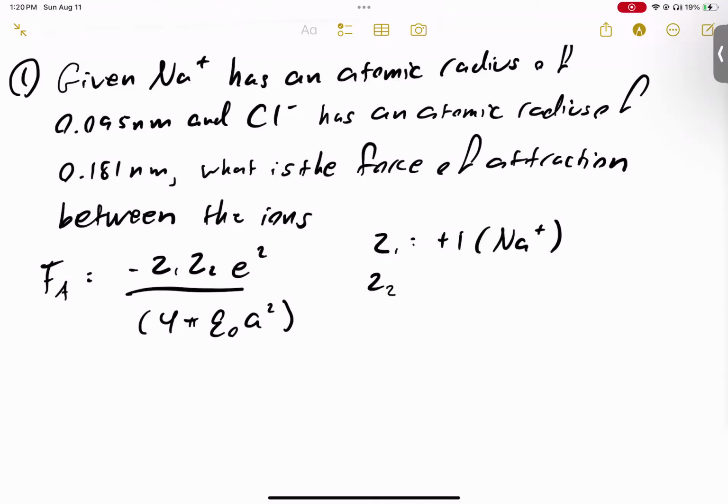Z2 will be -1 because of the chlorine ion. The electron charge is 1.6 times 10 to the -19th coulombs.